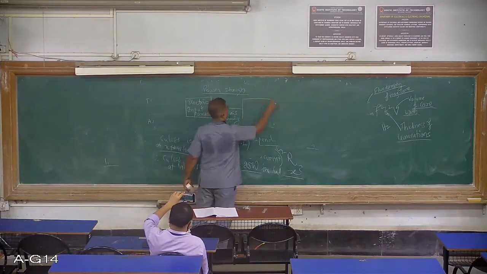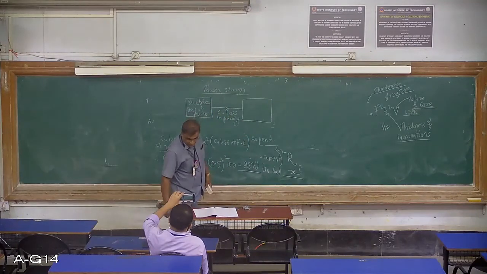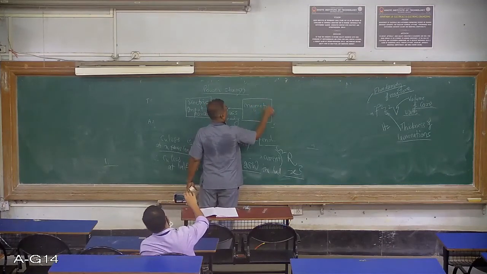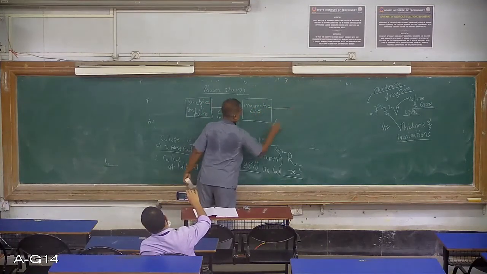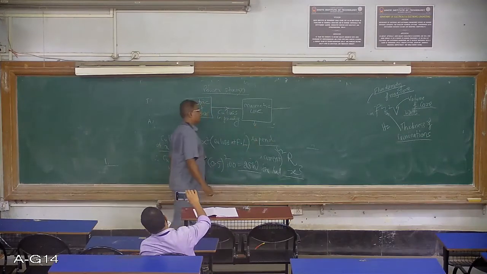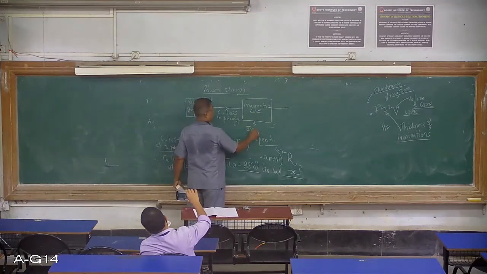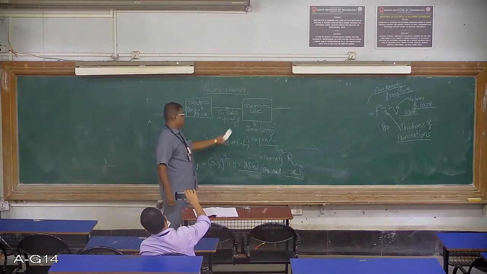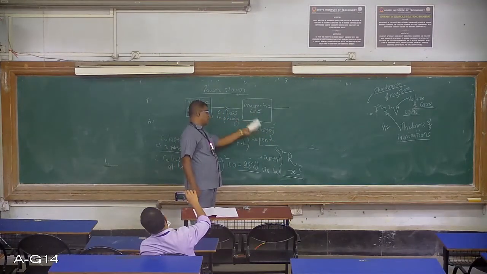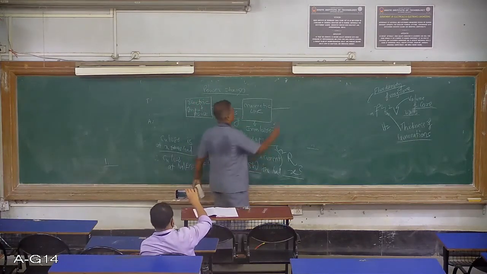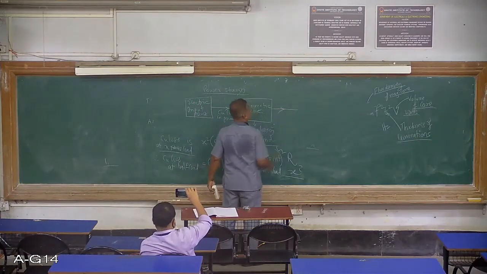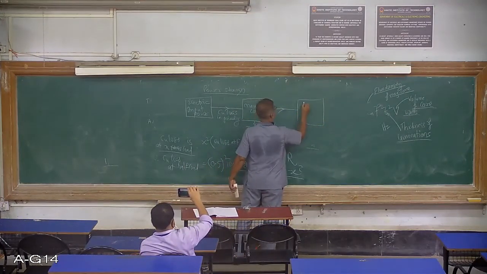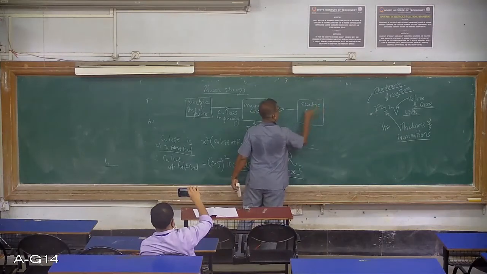Then the power enters the magnetic core, where there will be iron losses or core losses. A small amount of power is lost as iron losses. A major amount of power goes further and appears in the secondary as electric output power.